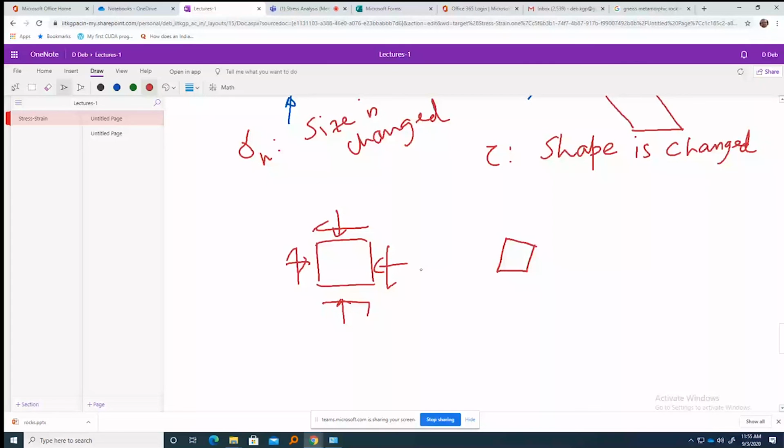So its shape can be in any direction. Now, when this kind of transformation happens, we have to basically figure out which stress has done what.